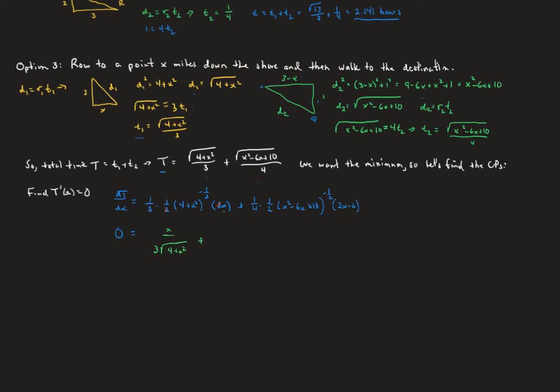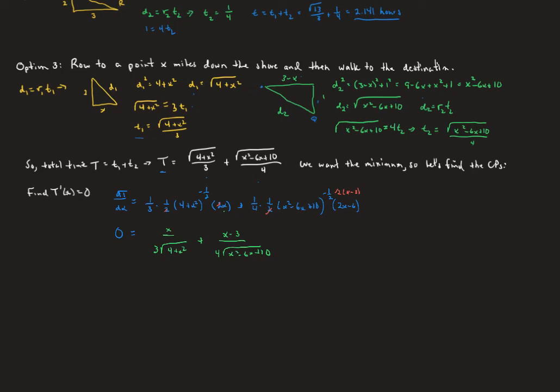Plus, if we notice here that we can factor a 2 out of that 2x minus 6 and cancel that 2 with the 1/2, then I'm going to write the x minus 3 in the numerator and leave the 4 from the 1/4, and that negative 1/2 is going to go into the denominator as a square root. Now, what we want here is to find where this is equal to 0.